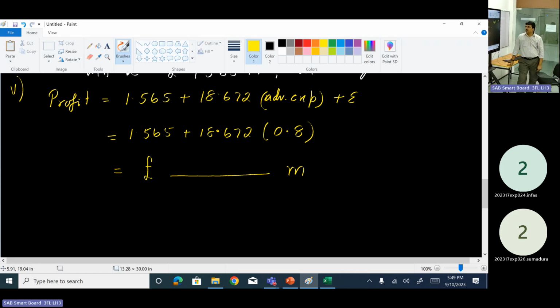So finally, now we have a forecasted value, something like 15 point something.